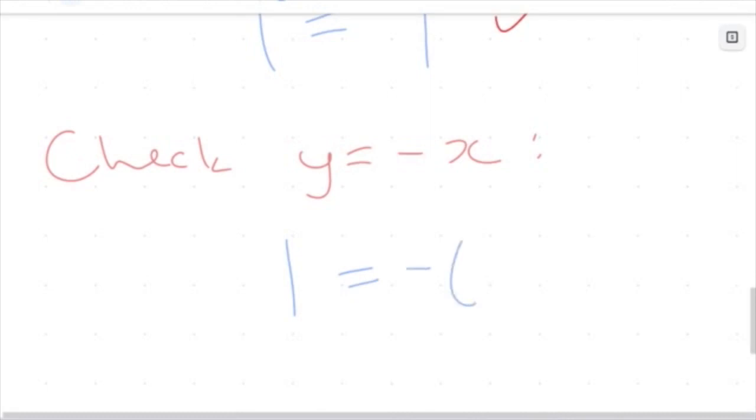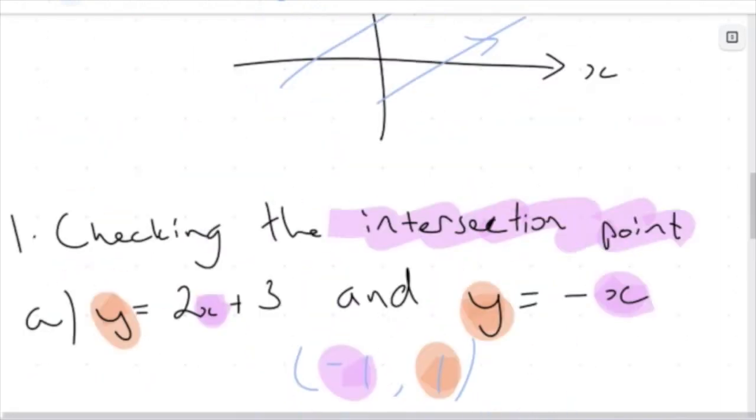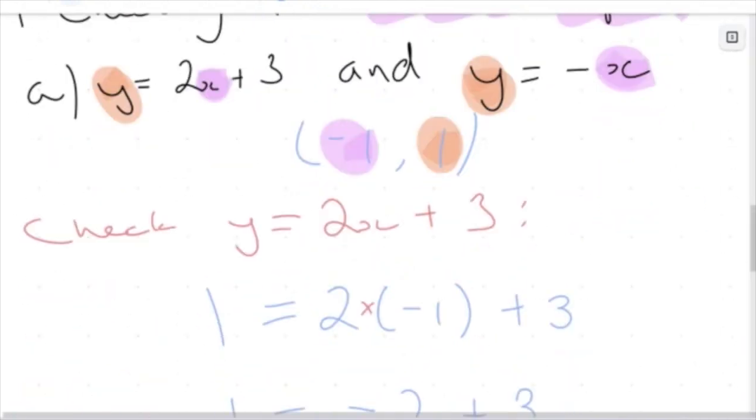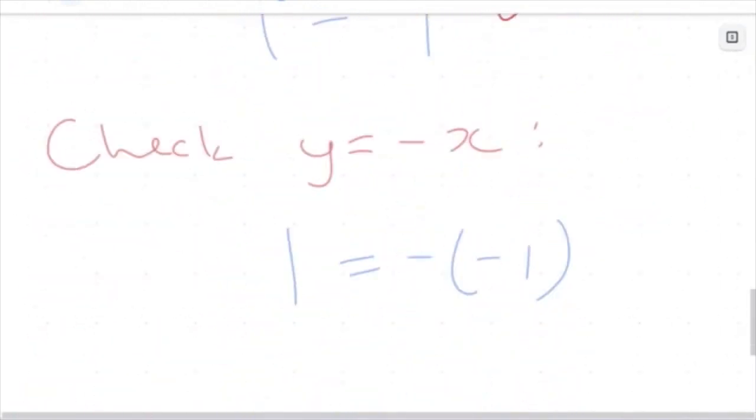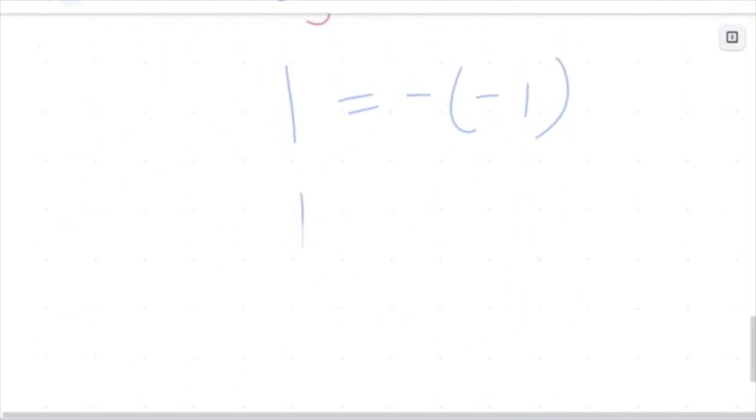So I have minus 1. Just check I've done that correctly. Yes. Here I have on my right hand side negative lots of -1. Now here I have a double negative. When I have two negatives multiplying by each other, that gives me a positive. So I will get +1.